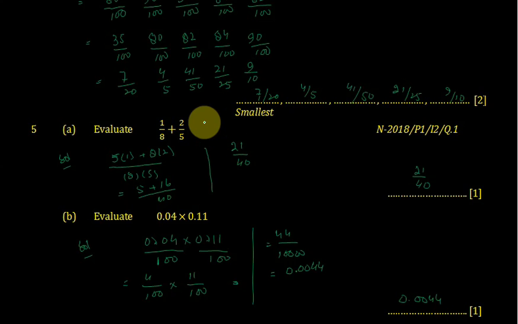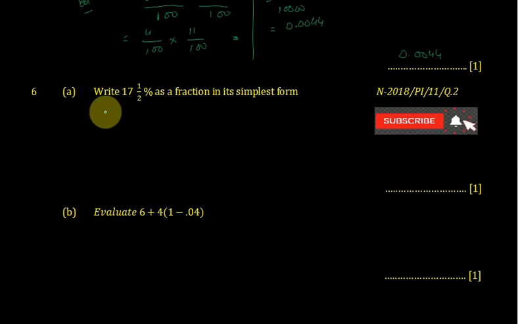Let's move to the next question. Write 17 and a half percent, that is 17 whole 1 upon 2 percent, as a fraction in its simplest form. So 17 multiplied by 2 is 34, and 1 is 35 upon 2 percent. So it means 35 upon 200.